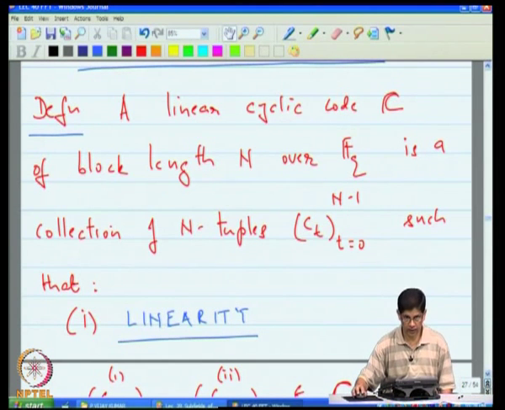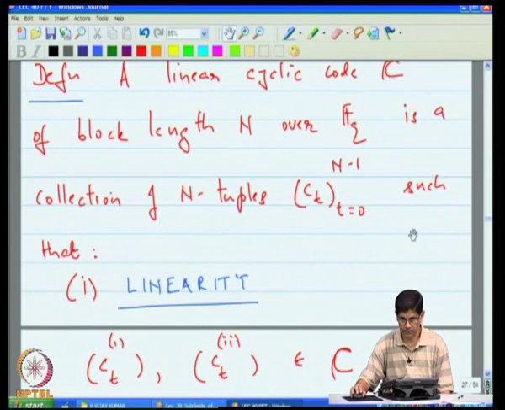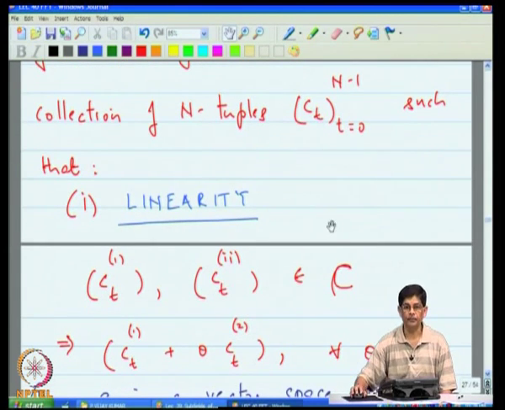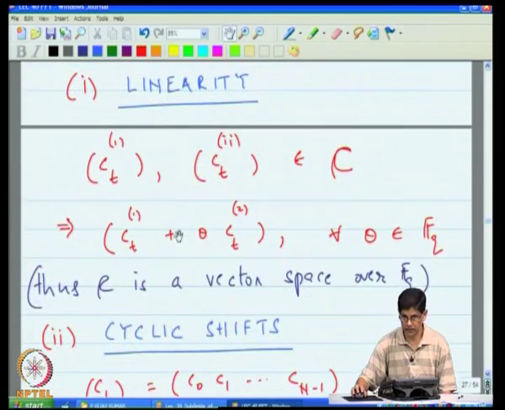A linear cyclic code of block length n is a collection of n tuples such that two properties hold. One is, of course, it must be a linear code.